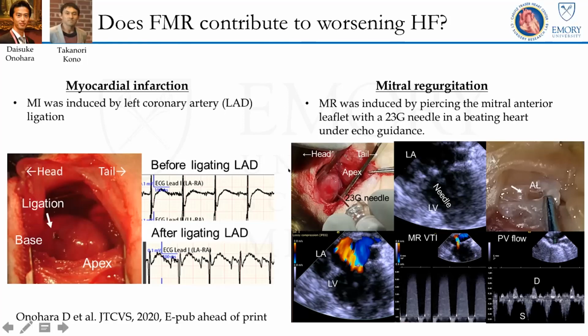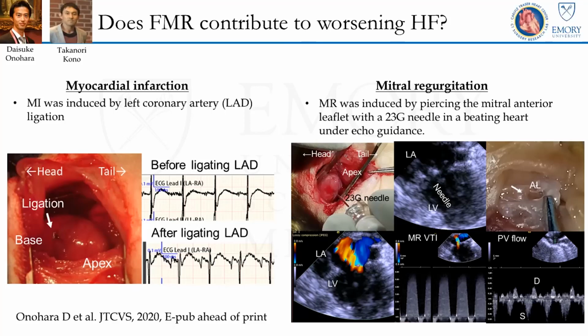On the left side, you're looking at the traditional method used for myocardial infarction, which involves ligation of the left coronary artery, resulting in a left ventricular infarction of about 40% of the left ventricle. On the right side, you're looking at the mitral regurgitation.